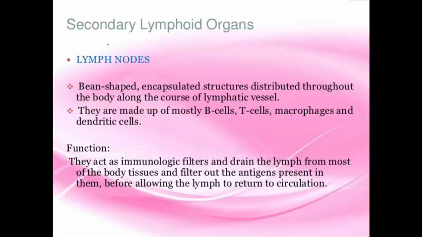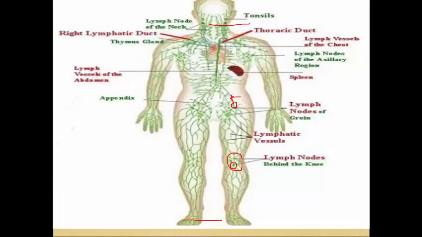Okay, this lymph node is a bean shaped organ, right? It is distributed throughout the lymphatic system. As you can see here, this area is a lymph node, this area is a lymph node, here there is a lymph node. After a few gaps of lymph vessel there will be a lymph node.